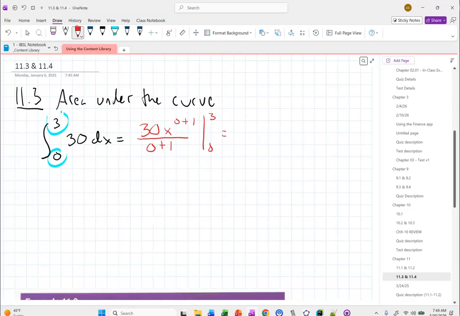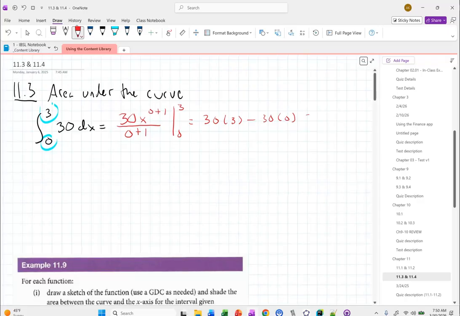And then we'll evaluate that from 0 to 3. So I have the upper bound plugged into my antiderivative minus the lower bound plugged into my antiderivative, which just gives me 90.